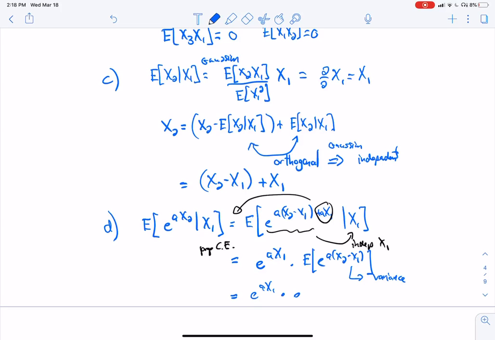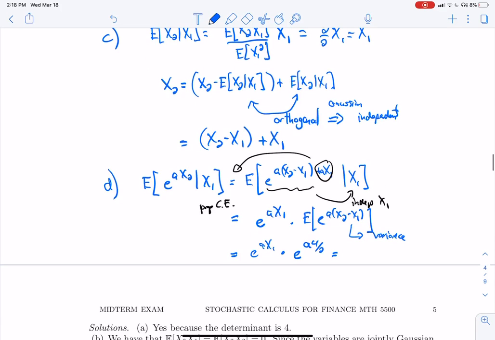And therefore I get e of a squared times the variance, 4 divided by 2. So I get e^(a x1) times e^(2a squared). All right?